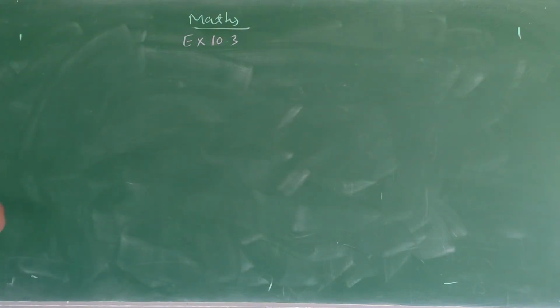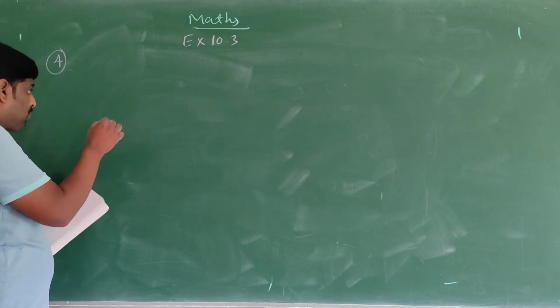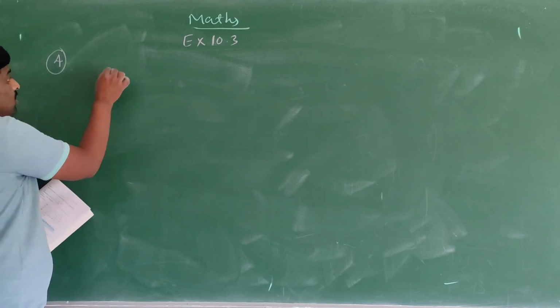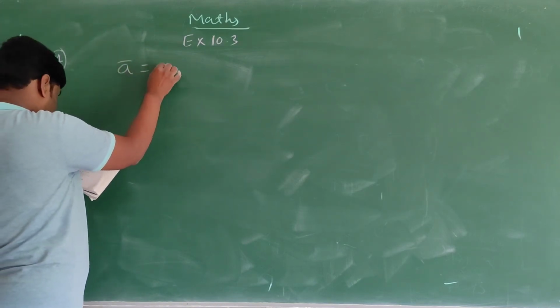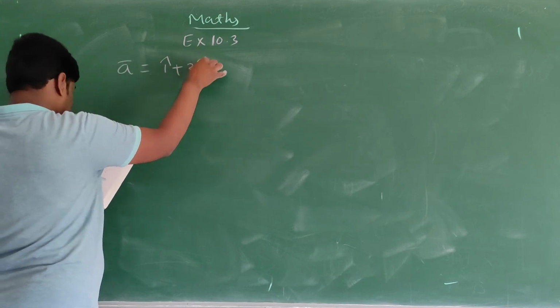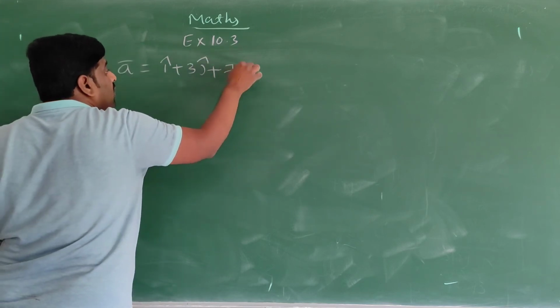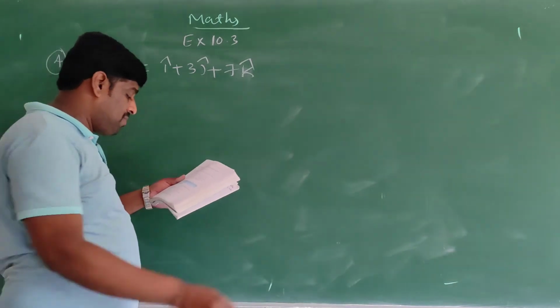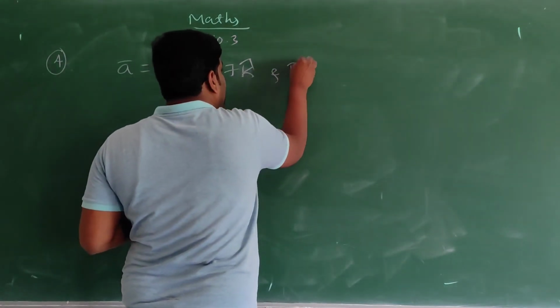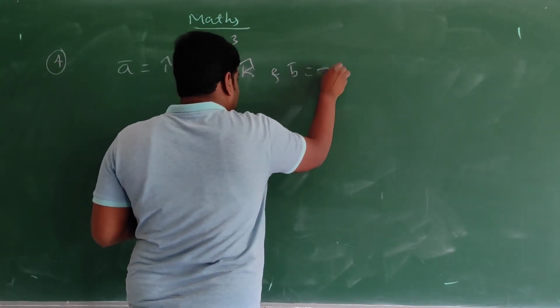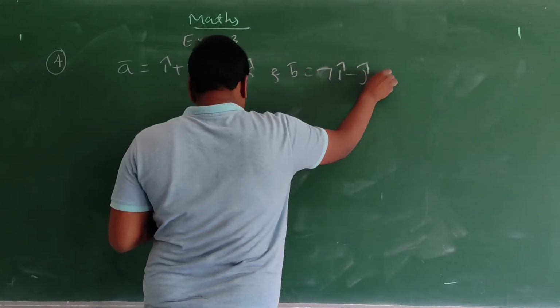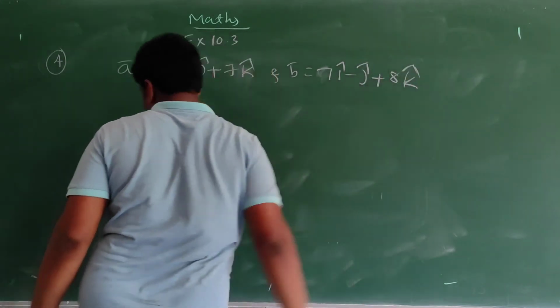Come to problem number 4. Problem number 4 is find the projection of the vector. A bar is given as i cap plus 3j cap plus 7k cap, and B bar is given as 7i cap minus j cap plus 8k cap.